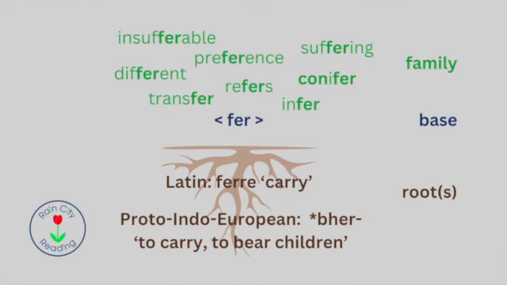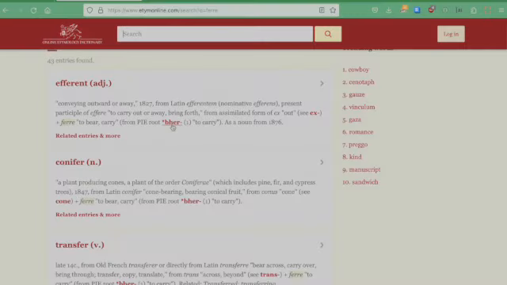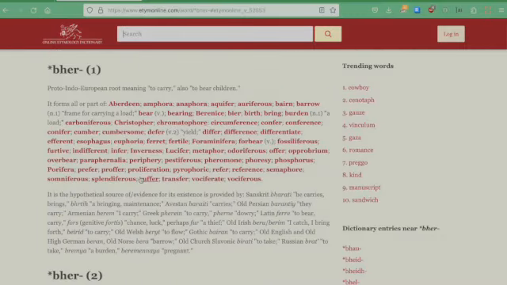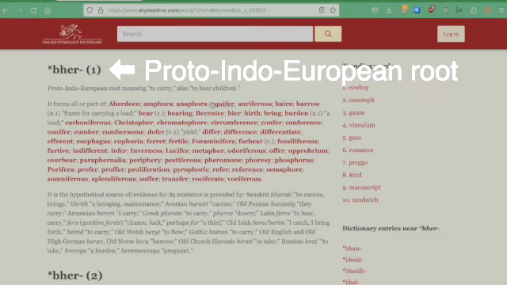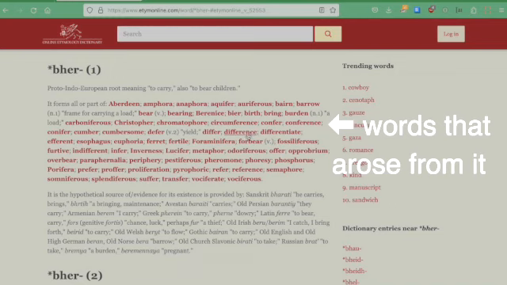This is not a written root. So when you see these roots in Etymonline or other resources that show the history of words, Proto-Indo-European roots are not written. This is linguist guess based on lots of science and study of what the root would have sounded like.